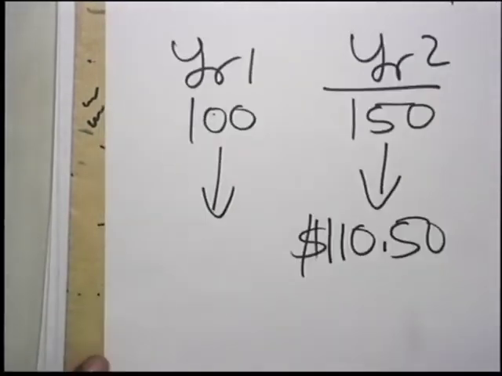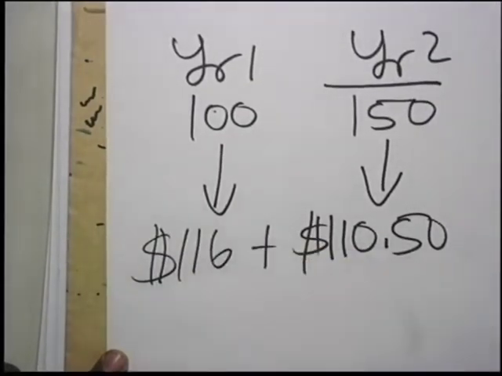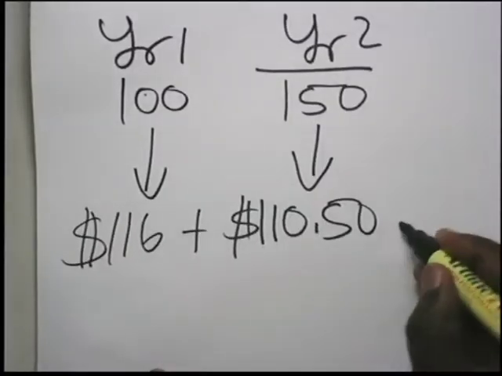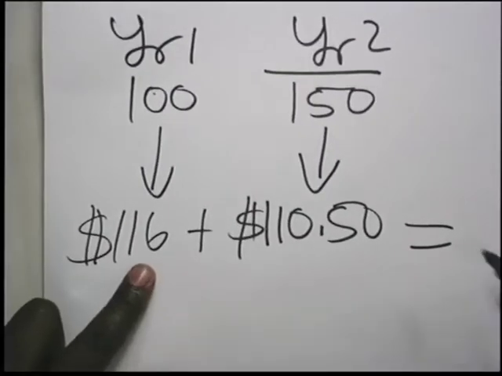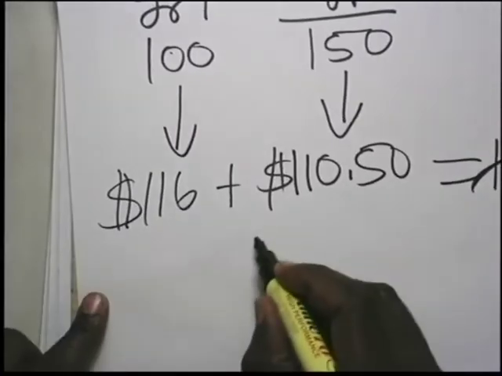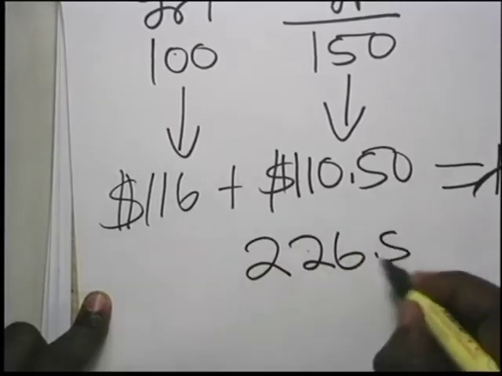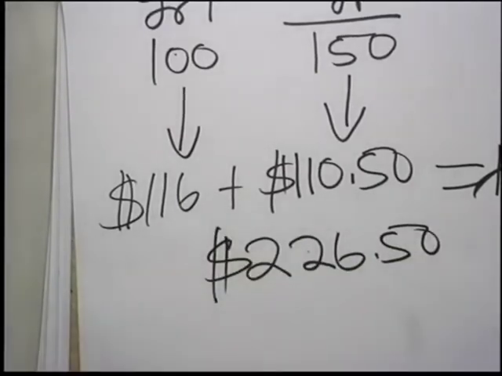It will translate to that figure that we got of 116 approximately. Then our total investment will be this plus this, which will be 226.50 cents. This is how we calculate our compound interest.